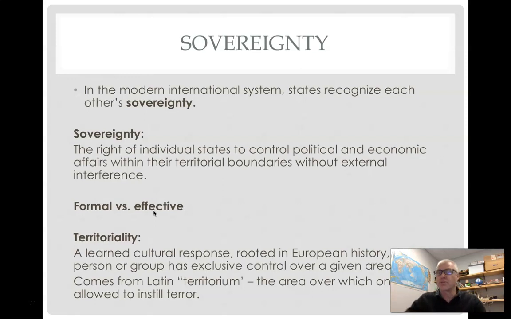Another key term is this idea that we sometimes refer to as territoriality, which is rooted in European history. It's the idea that one person or one group is supposed to have exclusive control over an area, that you don't share control. That a certain place belongs to just one country or just one government, or in the case of property, oftentimes the idea that it belongs to just a single person.